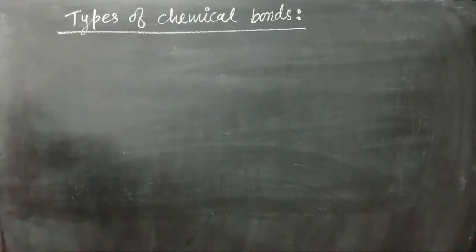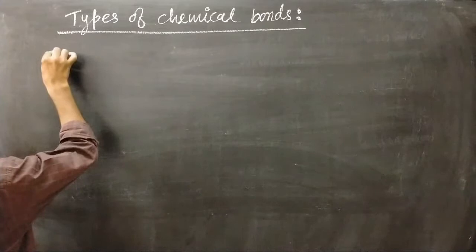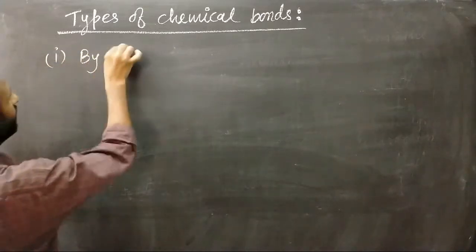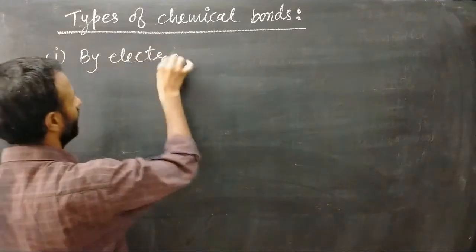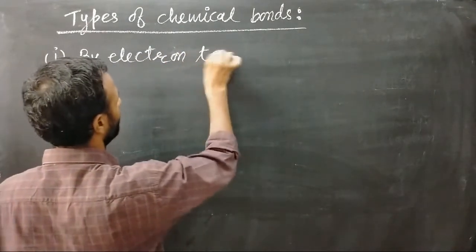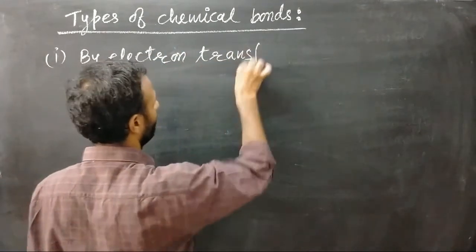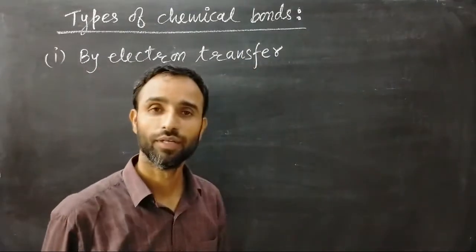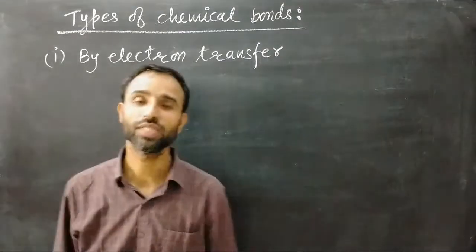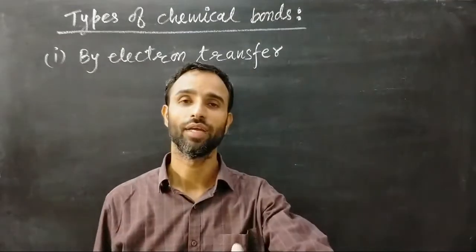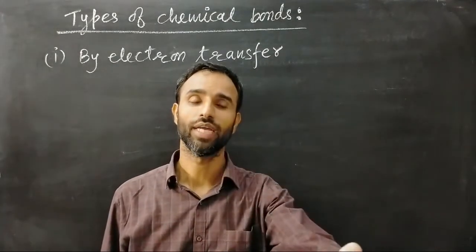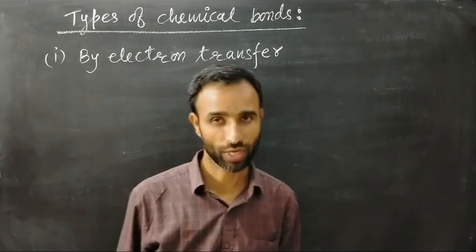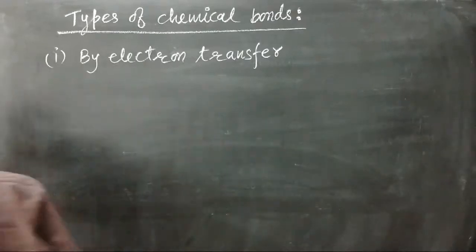So first is the bond formed by electron transfer. Electron transfer means by gaining electron or by losing electron.